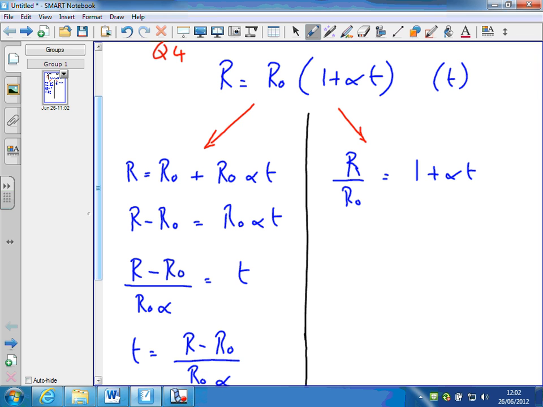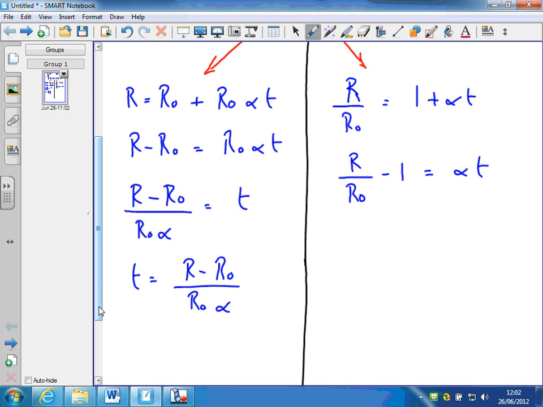Remember, we're trying to get t on its own, so the next step would be to subtract 1 from both sides, giving alpha t. Now I want to divide both sides by alpha to get rid of the alpha, so I have to divide every term by alpha. So in other words, I've got R over R0.